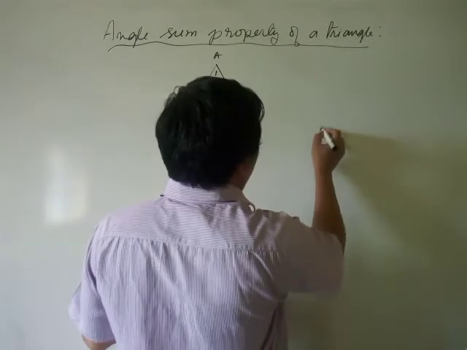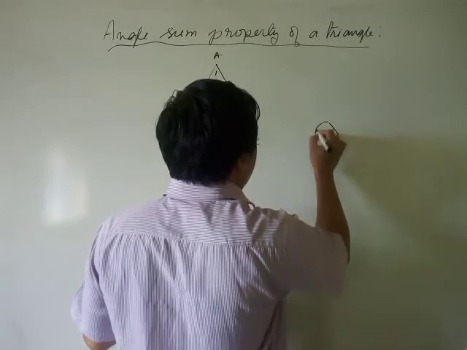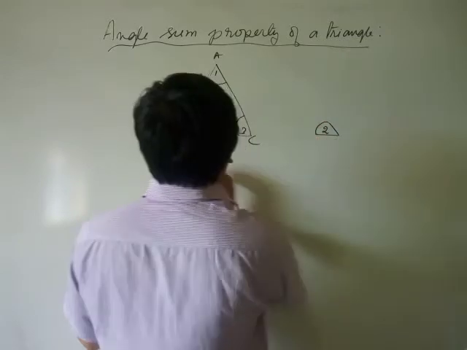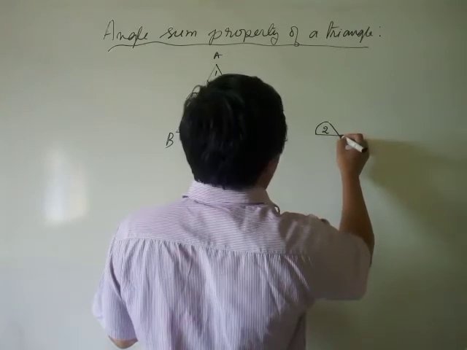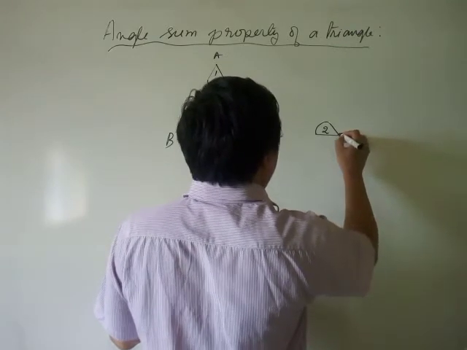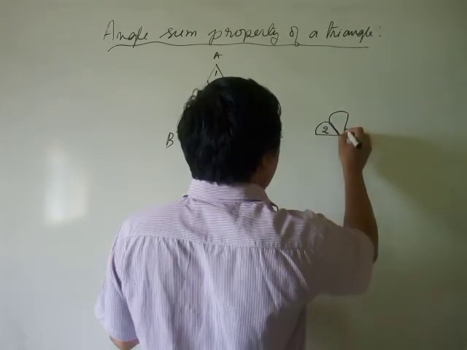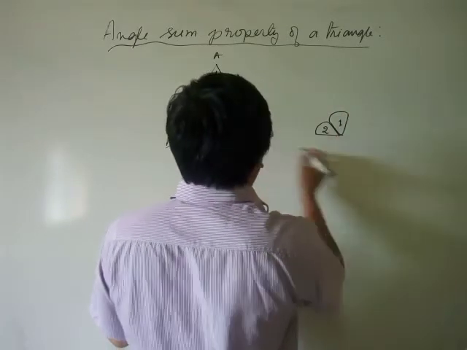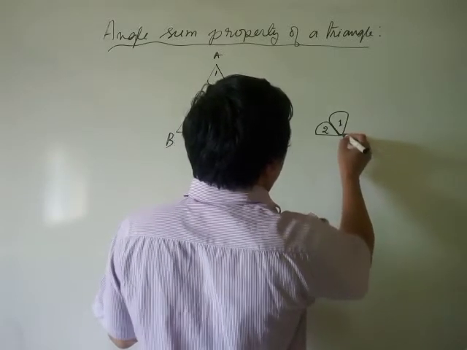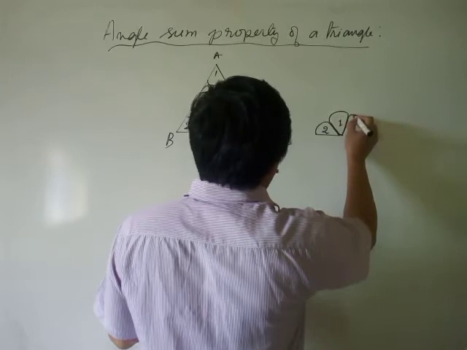So you see here, for example, let us think that angle 2 is like this. I took out angle 2 here. And angle 1 is like this. Angle 3 is a little bigger, so let us think that angle 3 is like this, with the curve.